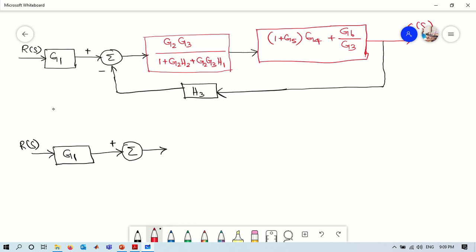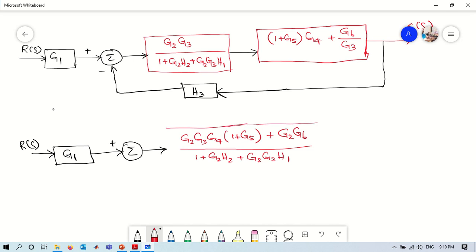I'll expand and then multiply. So I'll get here G2 G3 G4 into 1 plus G5 plus G2 G6 divided by 1 plus G2 H2 plus G2 G3 H1. So this is my C of S.